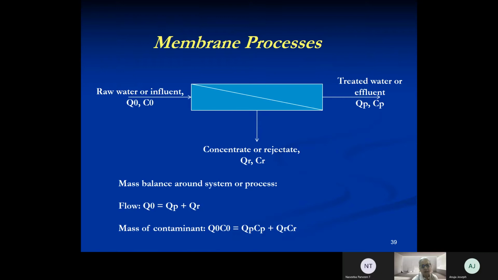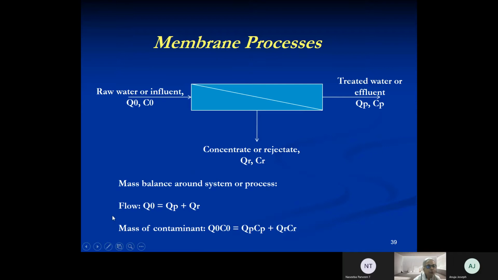Now, let's take again a very simple view of the membrane process, and you can use it to do simple calculations. If we do a mass balance around water, Q0 is the flow rate of water coming in. It is divided into two outputs. QP is the permeate, P stands for permeate, and R stands for rejectate. QP is the flow rate of the permeate, and QR is the flow rate of the rejectate.